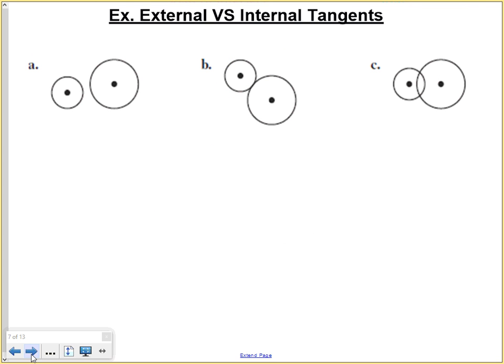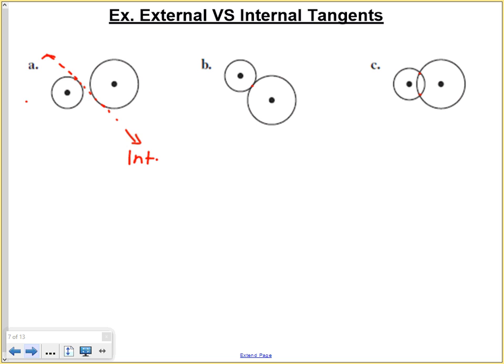So we're going to draw some examples here. And you have your 3 different scenarios: the circles not touching whatsoever, the circles touching in one spot, and then the circles touching in 2 different spots. For the first example, if I were to draw a common internal tangent, it would have to touch both circles and go between the 2 circles. So something like this.